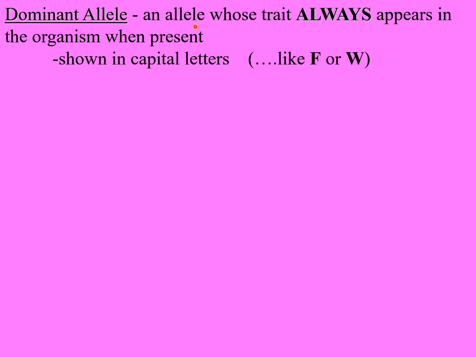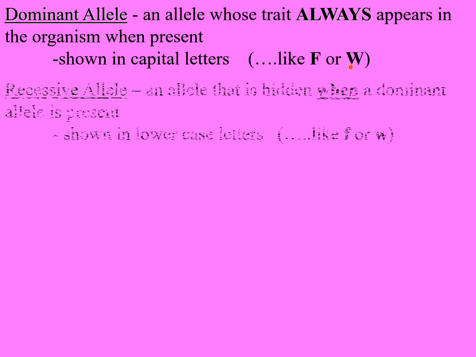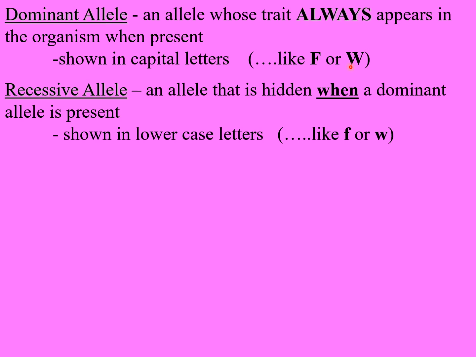So we typically use capital letters like capital F or capital W. And this is in contrast to a recessive allele. This is an allele whose trait is masked or hidden when the dominant allele is present. I know that seems kind of confusing, but we'll see if we can make it a bit clearer. Typically, though, we represent recessive alleles with lowercase letters, so lowercase f and lowercase w.